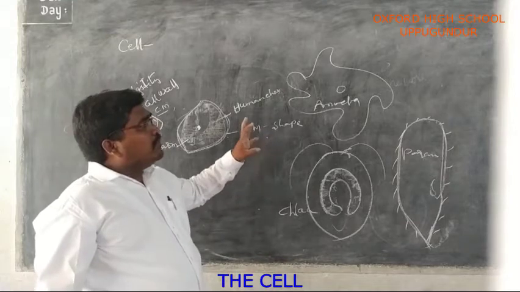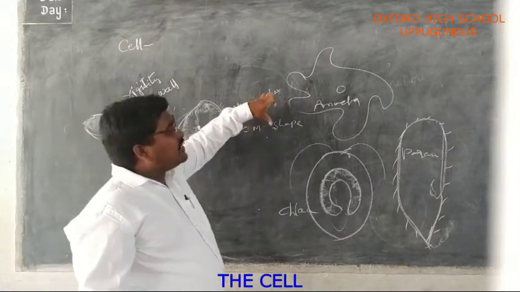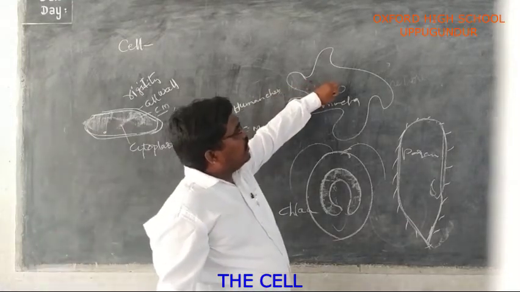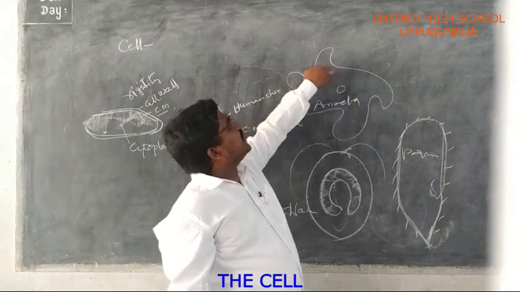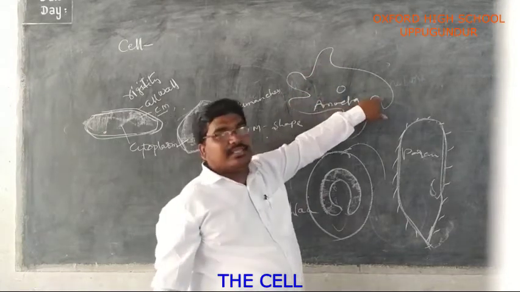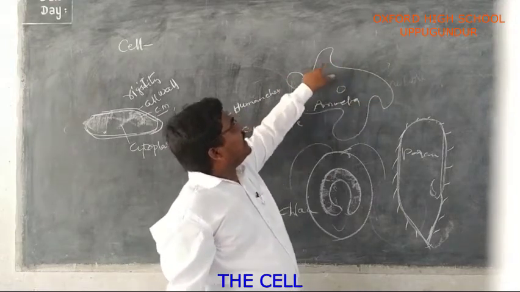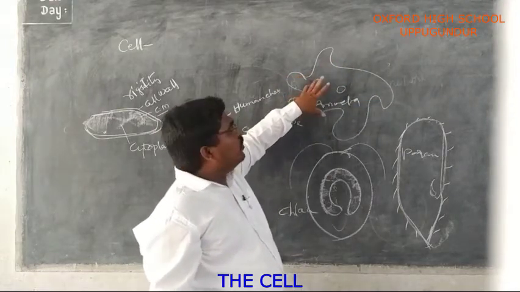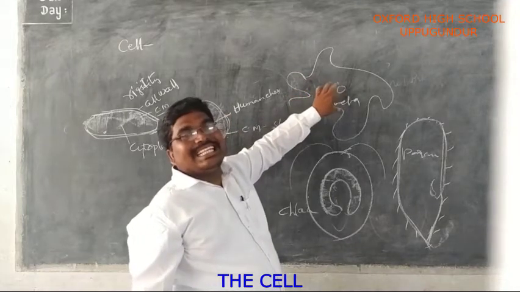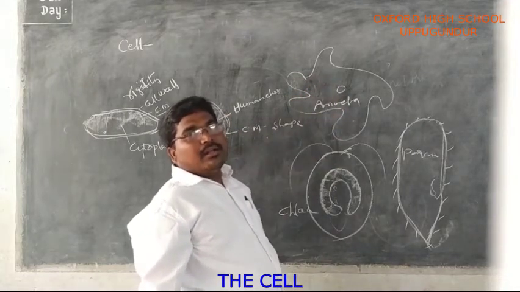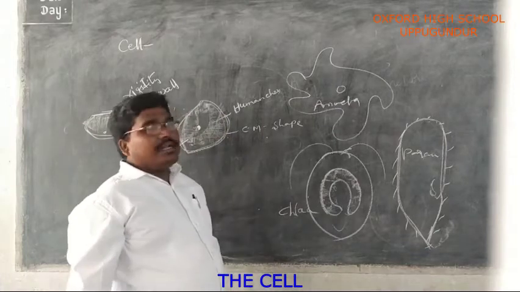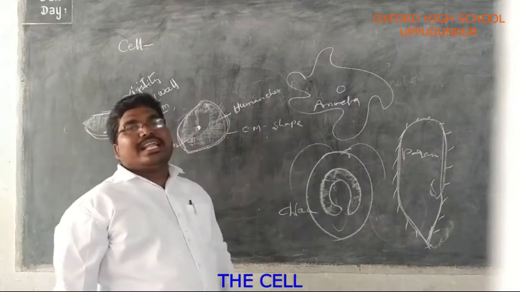For taking food, the finger-like projections present on the cell surface move like this, and we see the amoeba move. Amoeba, a unicellular organism.